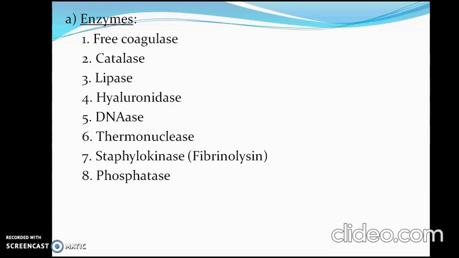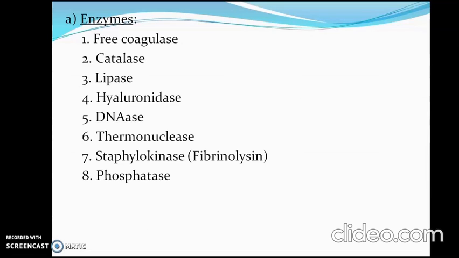And the second one is the catalase enzyme, and that is responsible for the positive test of catalase in the case of Staphylococcus aureus. The next enzyme is the lipase. It produces a number of lipid hydrolysis which help them in infecting the skin and subcutaneous tissues. Then hyaluronidase, which breaks down the connective tissues and helps in the initiation and spread of infection.